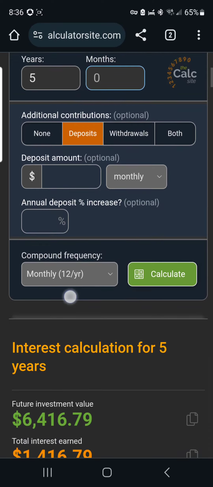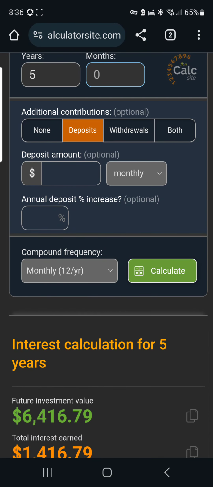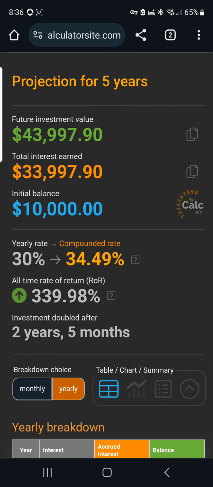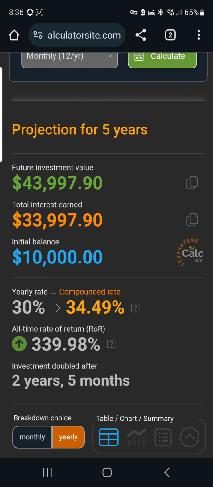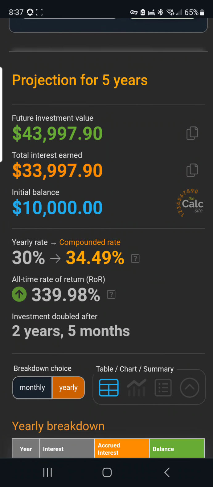And here we see it says monthly, right? So monthly is how fast it's compounding. So it's 12 contributions a year. If you calculate it based on 10K, I like how it breaks it down. It says your 10,000 will yield 33,997, so just under 34K of interest, or if you want to call it dividends. And then it says your compounded rate, because you're compounding instead of 30% return in distributions, you're actually getting 34.49%.